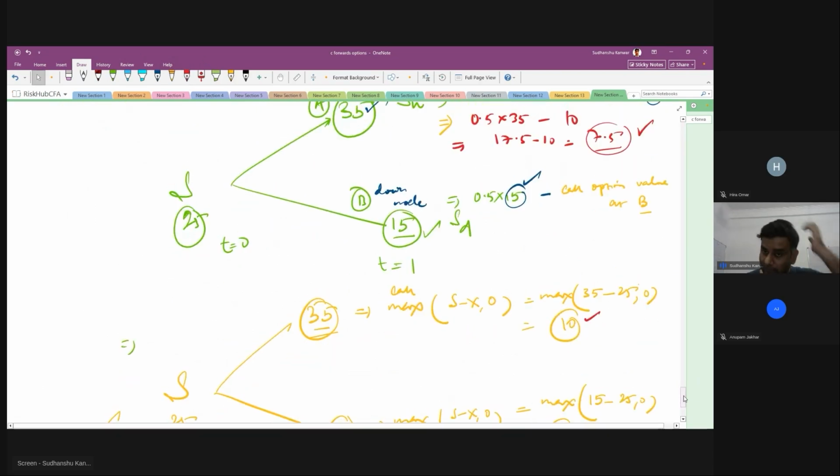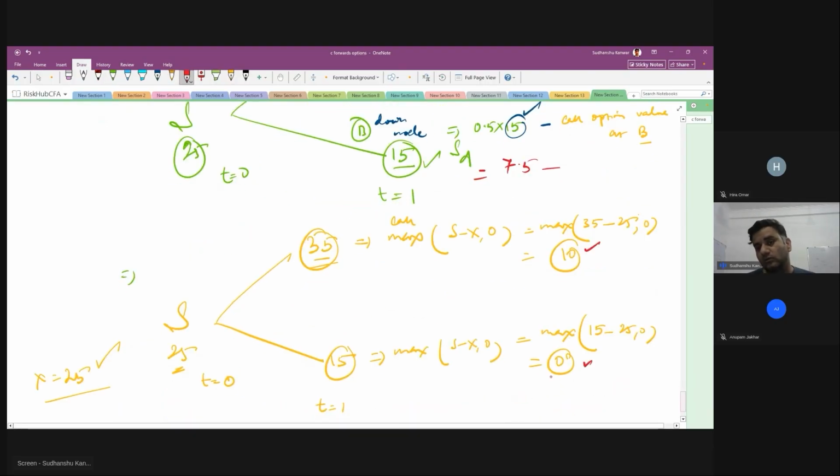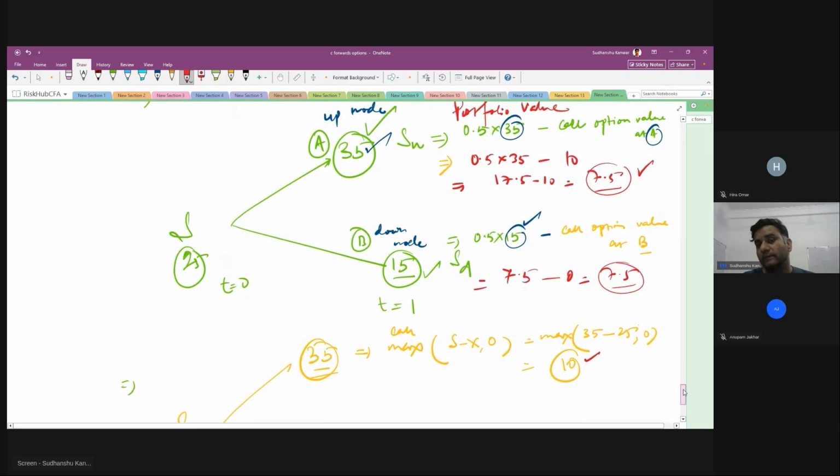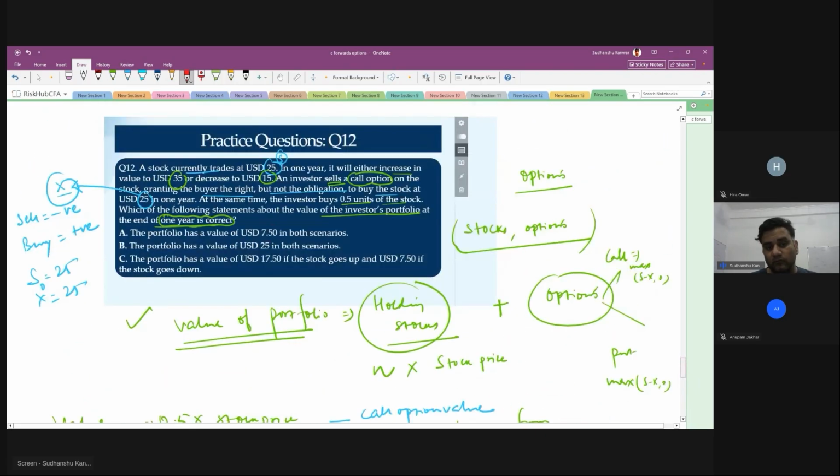Similarly here, 0.5 into 15 is 7.5, and the call option value in the down node is 0, which gives 7.5. So in both cases you found the same value, 7.5. That's why we tick mark the option. The portfolio has a value of USD 7.5 in both scenarios.